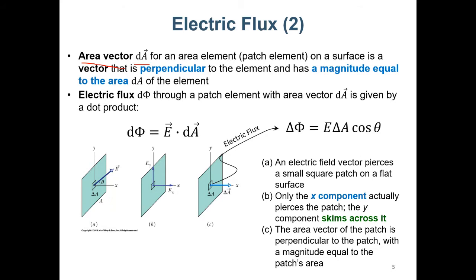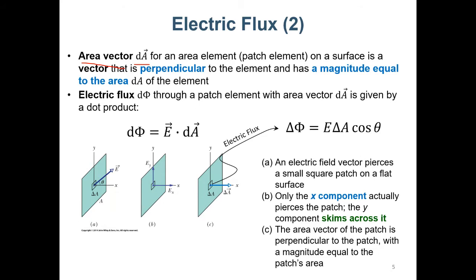For an open plane, you can define this side or that side. Both are okay, but it needs to be perpendicular to it. If it is a curved surface, then you need some calculus.